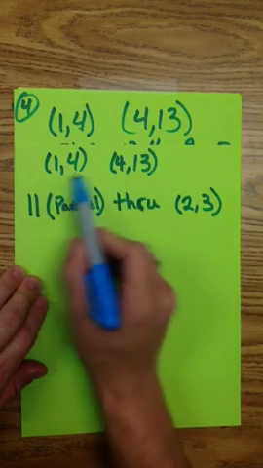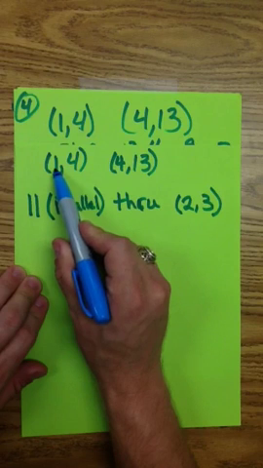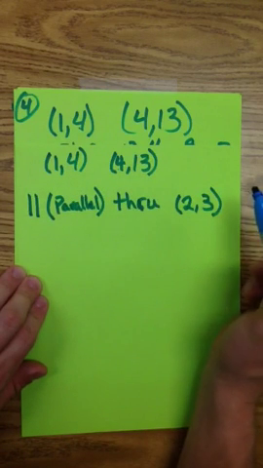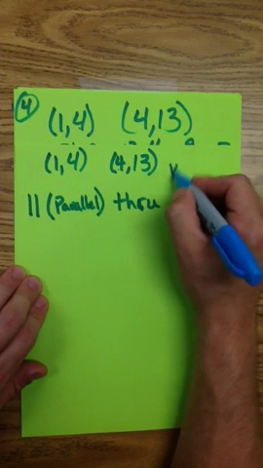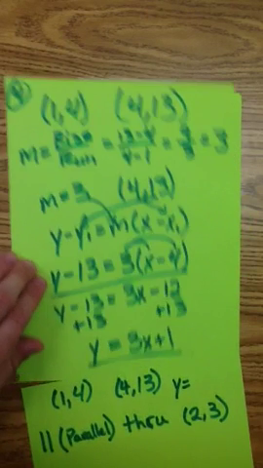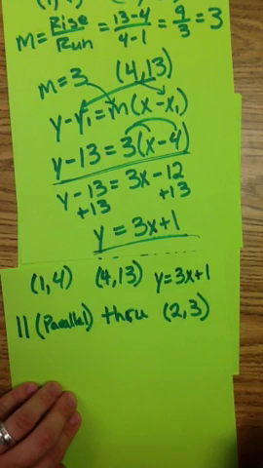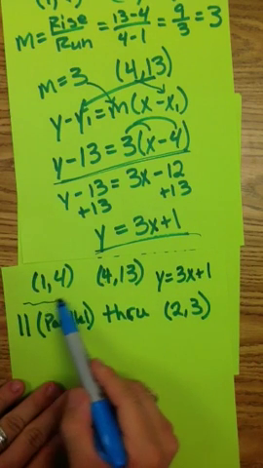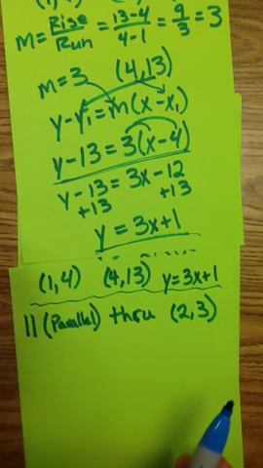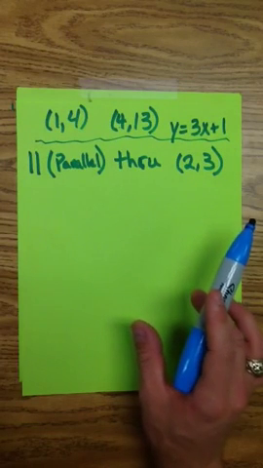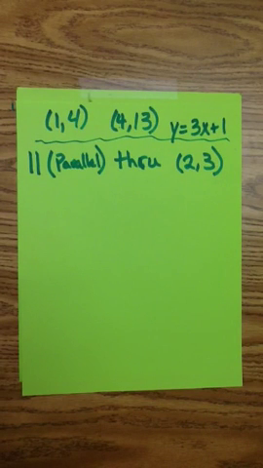So I know I've got a line that goes through the points 1, 4 and 4, 13. We already found the equation of that line. It was y equals 3x plus 1. So we already found that piece. But now we have a line parallel through the point 2, 3.